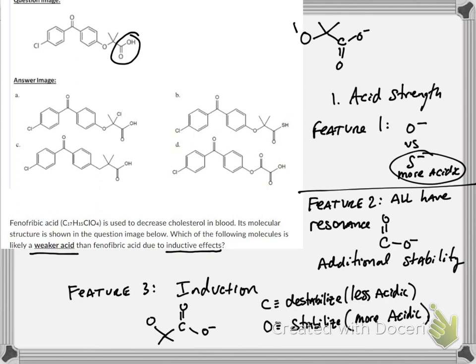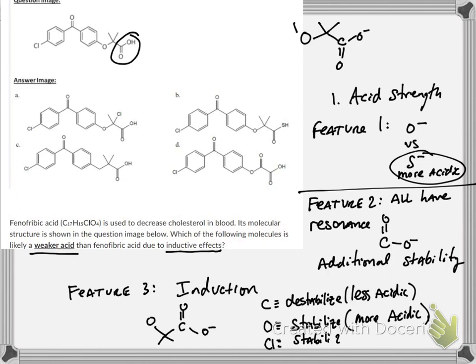All right, so that gives us some insight into how we're going to pick the answer. So chlorine stabilizes the base in answer A, making it more acidic. So A is more acidic for inductive effects.